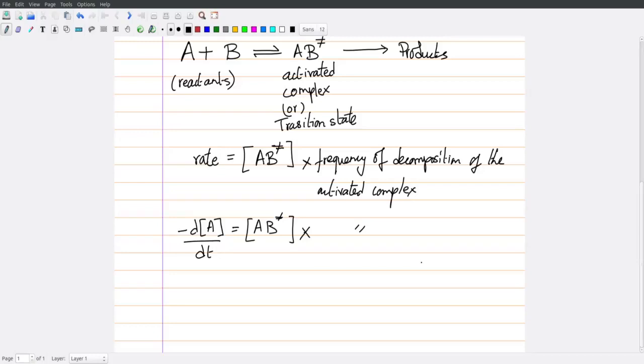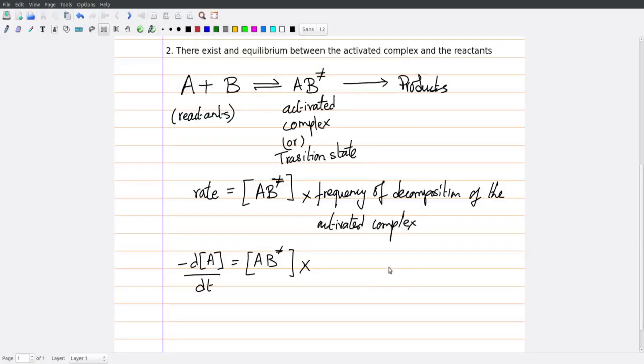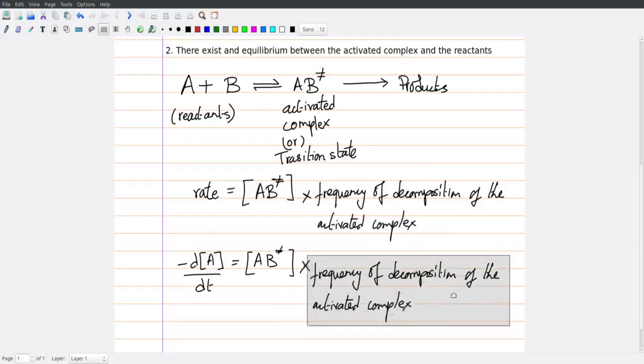Now we have to determine these two terms that appear here. Let me just copy paste here so that things are a little nicer.